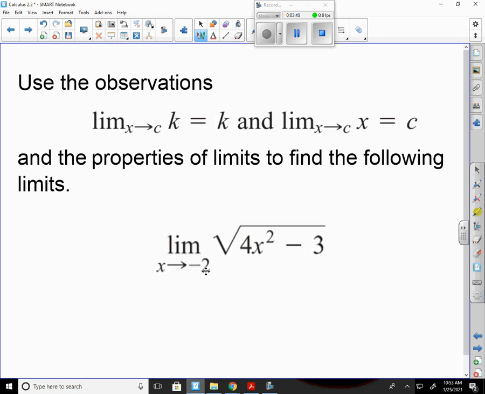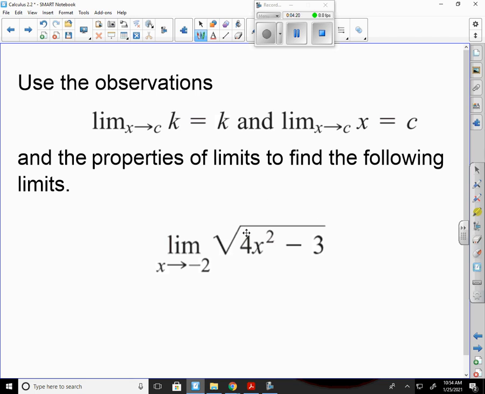They're saying that we have an actual number that x is getting close to. So again, this one looks like it's a little more complicated because we have the square root.